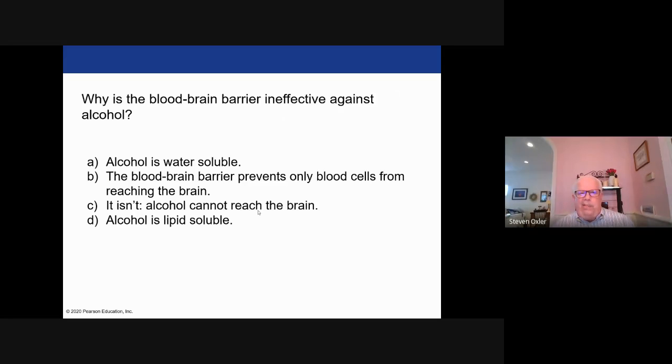Why is the blood-brain barrier ineffective against alcohol? I would never ask this question, but it's an interesting question. That's why I left it here so we could talk about it.